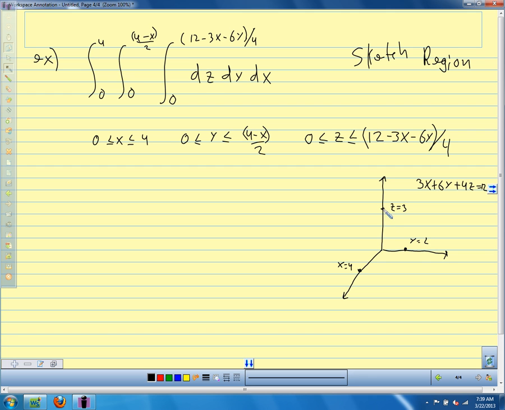So then I connect those and I get where my plane cuts through that first octant. And this line is y equals 2 minus 1/2 x. So there's my region.